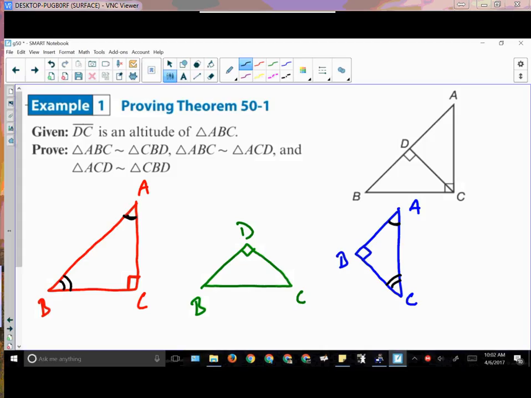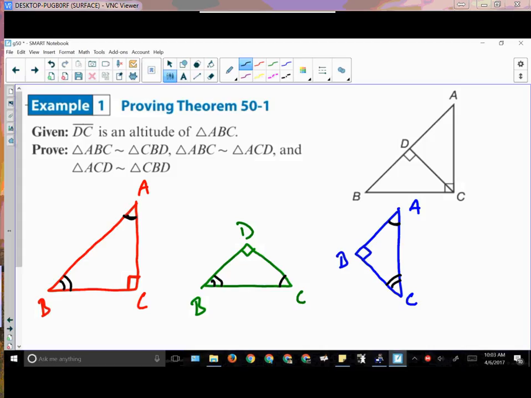It would have to be. Well, that means if this is B, then this is B over here, and that's the same, right? And that means that this C over here would have to be the same as the A. So, when we're dealing with similarity, angle is one of the things that we can use to identify whether or not triangles are similar.